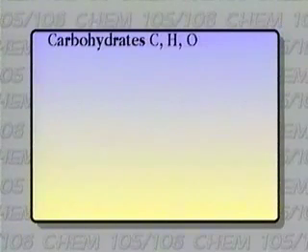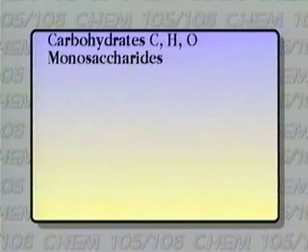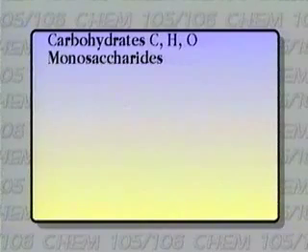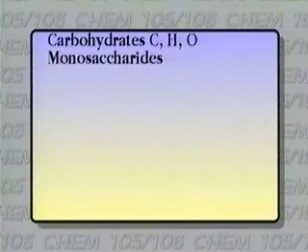The simplest of the sugars, the building block, the single unit sugars as we refer to them, are referred to as the monosaccharides. Of course, mono as a prefix means one, and the saccharide is the sugar unit.